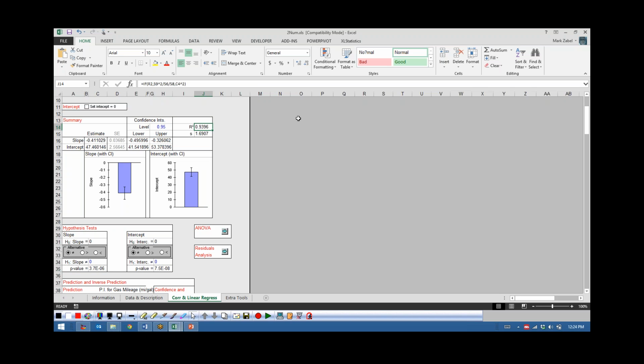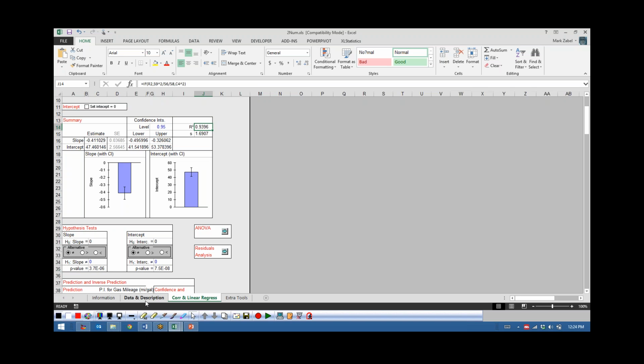Generally speaking, the interpretation is how much of the change in y is explained by x. So in other words, I can say if this were gas mileage, I solved about 93% of the problem of predicting gas mileage if now I just understand why people are driving fast or slow.